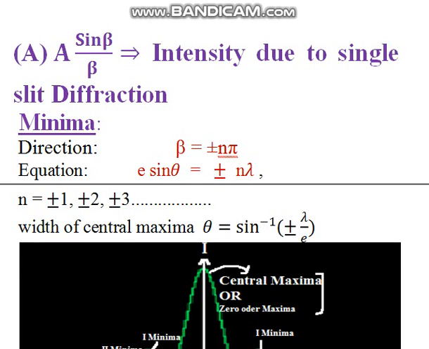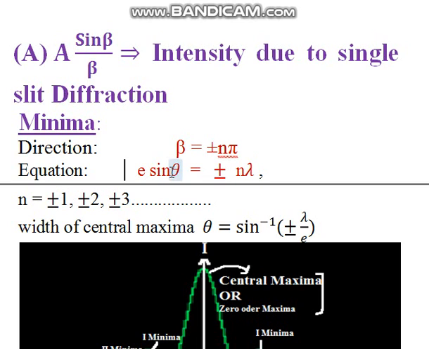So this is the intensity due to the single slit. In the last video lesson we discussed the minimum point. Minimum is obtained when beta is equal to plus minus n pi. The minimum intensity occurs when sin beta is equal to 0. Sin beta equal to 0 gives beta equal to plus minus n pi, and by putting the value of beta we obtain an equation which is satisfied by all the minima.